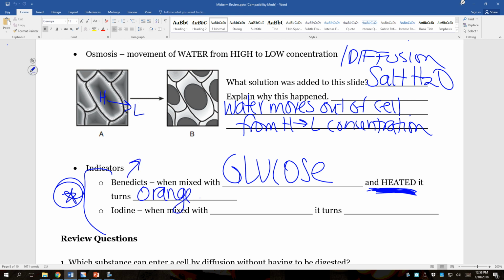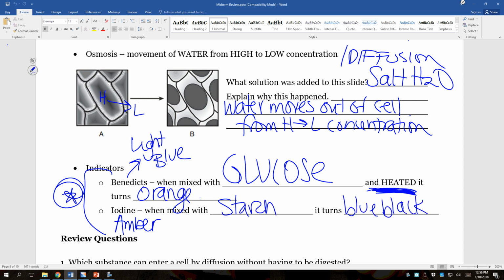And Benedict's initially was that light, bright blue color. That was the initial color. And then iodine, remember, was initially that amber color. And when it's mixed with starch, that's going to turn blue-black. And again, I would make sure I look over this because I know a lot of people struggled with this on the exam.